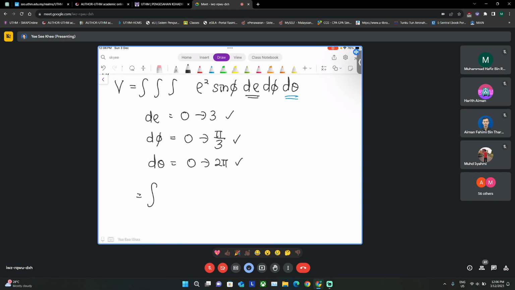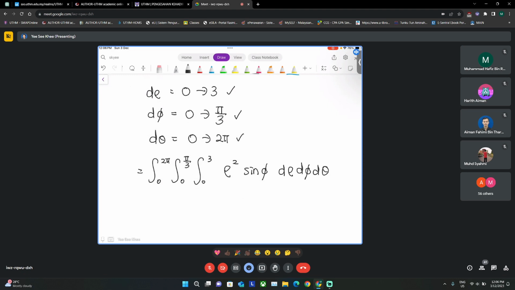So theta is from 0 to 2 pi, phi is from 0 to pi over 3, and rho is from 0 to 3. This thing remains: d rho, d phi, and d theta.